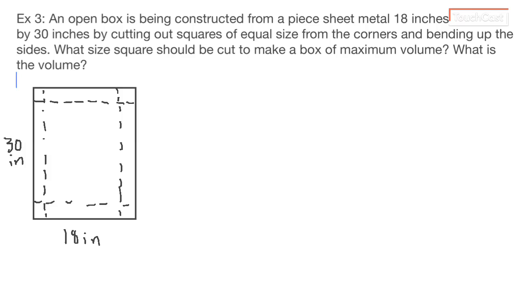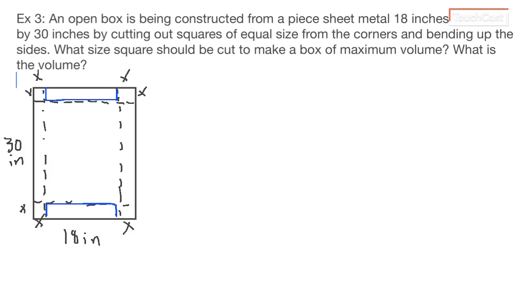We can start by saying that one side length of these squares we're cutting out is x. So all these little squares have a side of x, which means this part right here that I'm going to outline in blue is 18 inches minus 2 x's.